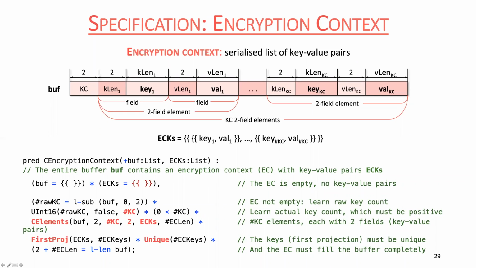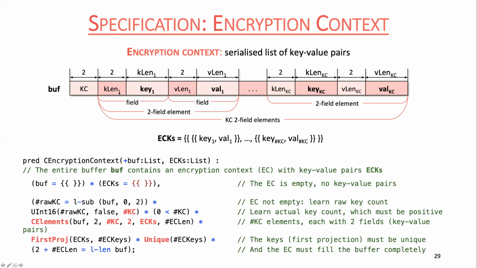First as raw bytes. This is of 2 bytes. We change the raw bytes to an actual number. That actual number is positive. This predicate here describes this structure here. This structure here consists of a field. This field here, we've got 2 bytes describing the length of the number of bytes needed to describe the key.